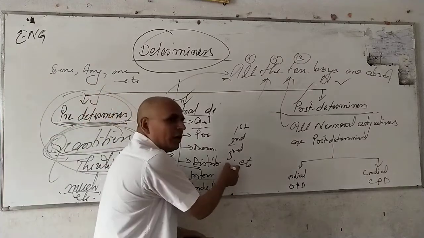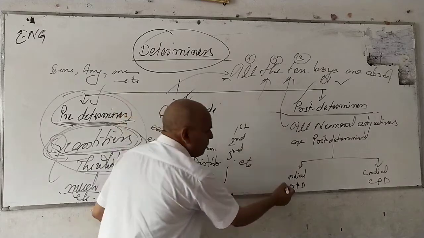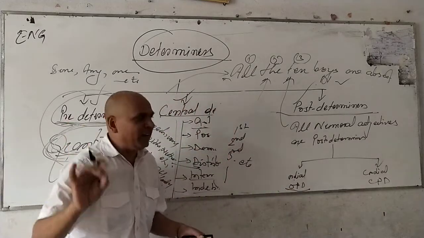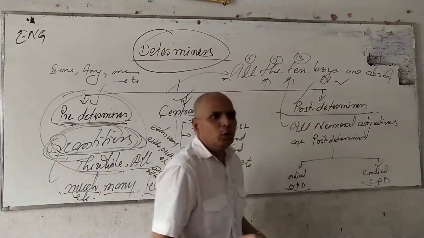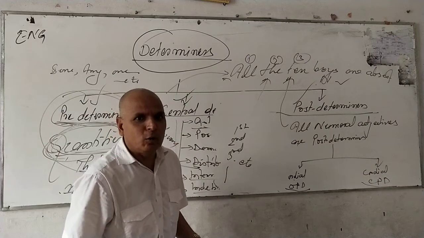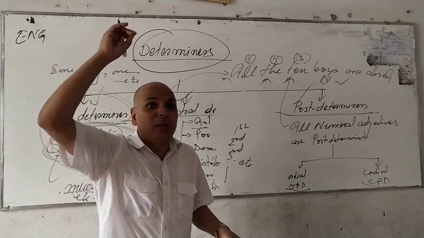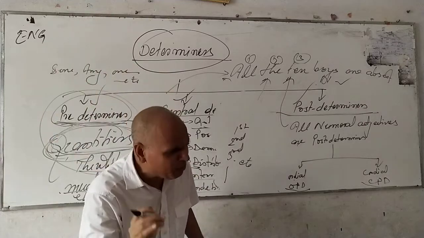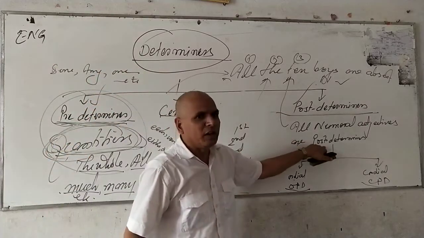So we cannot count. The ordinal post determiners are infinite, and the cardinal ones are infinite too: 1, 2, 3, 4, 100, 1,000, 2 million, 1 million, billion, etc. So an infinite number of determiners are there under the category of post determiner.